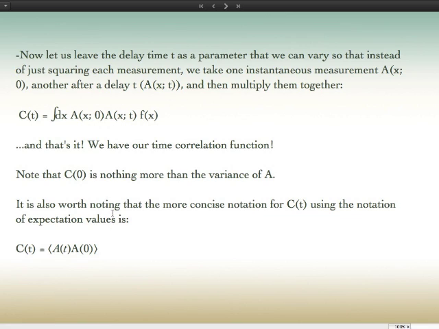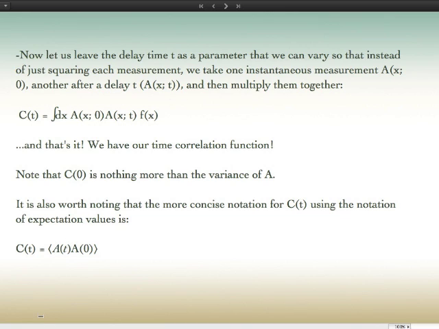In fact, if you look at C of 0, it is the variance of A. So if you were to plot C of t, the first point at C of 0 should be the variance of A for these absolute time correlation functions. It's also worth noting that the more concise notation you'll often see is C of t is the expectation value of A of t times A of 0.